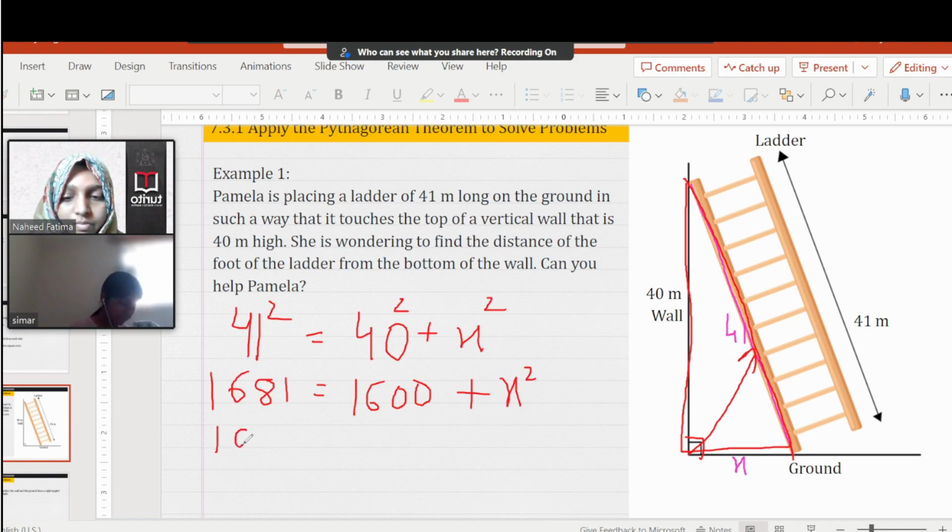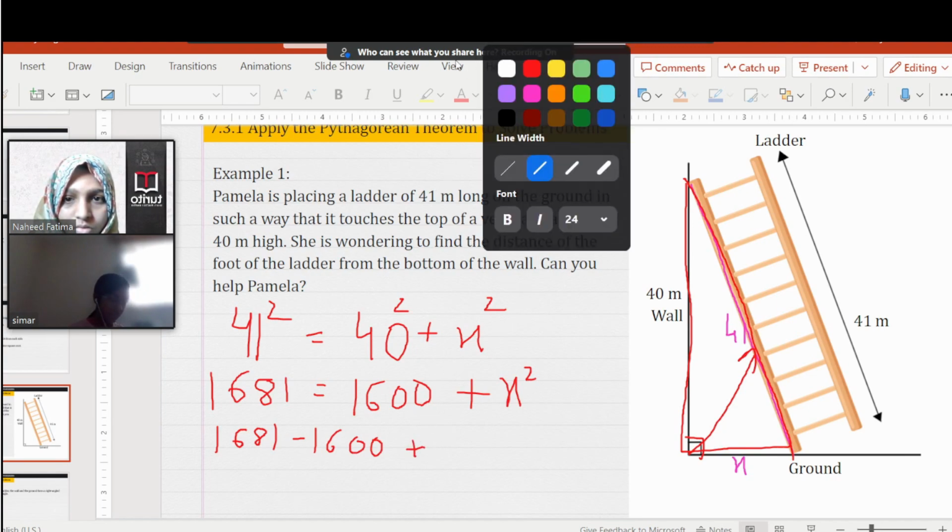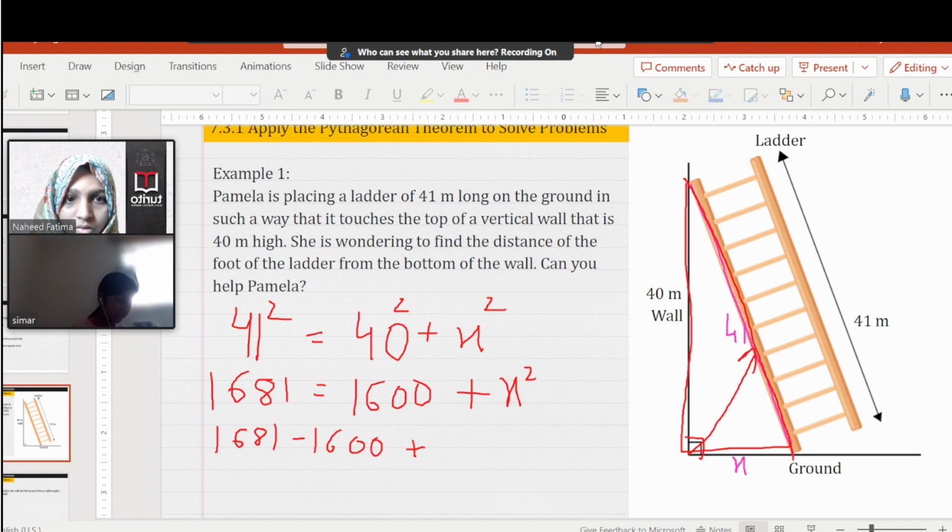So you'll just take away 1600 from 1681. What do you get? 81. So x square is equal to 81. X equals 9 meters. That's correct.